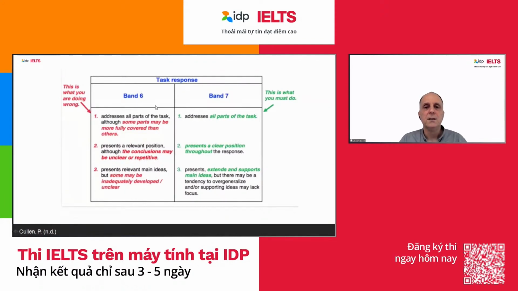Okay, so to get a band 7, you need to make sure that all parts of the task are addressed. It's got to be clear, extended, and supported. And this part is very important. I'll cover this again. There may be a tendency to overgeneralize. We'll come back to that as an explanation later.